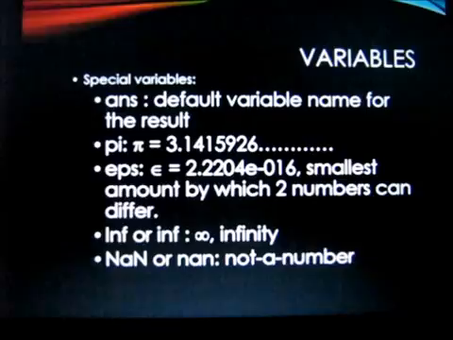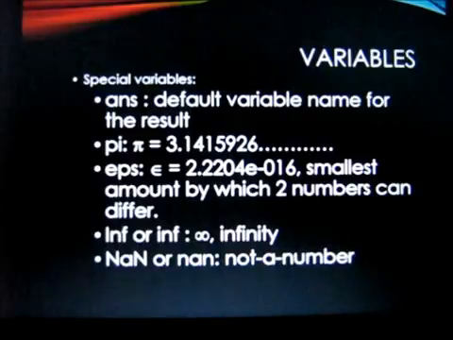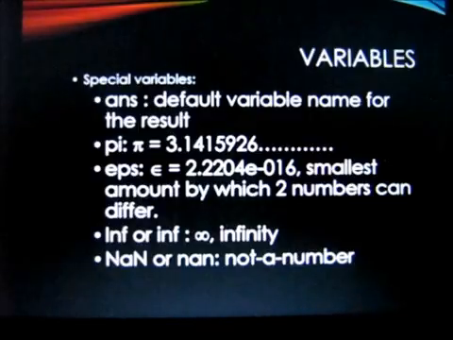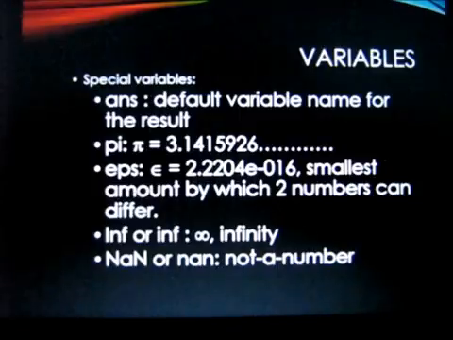So coming back to these variables, here we have two to three types of variables generally. ans: this is the default variable name for the result we show. That is, MATLAB shows the output in a variable known as ans, answer. pi: pi is 3.1415, given by default in MATLAB. eps: 2.22e-16, the smallest amount by which two numbers can differ.